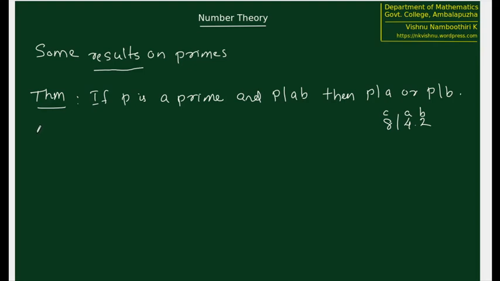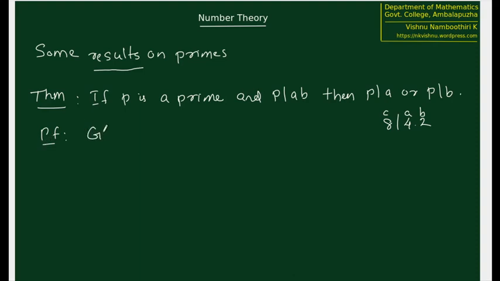The proof of this result is quite easy, provided we use one of the previous results we have already seen. So we are going straight away to the proof. We have to show here that P divides A or P divides B given P divides AB.